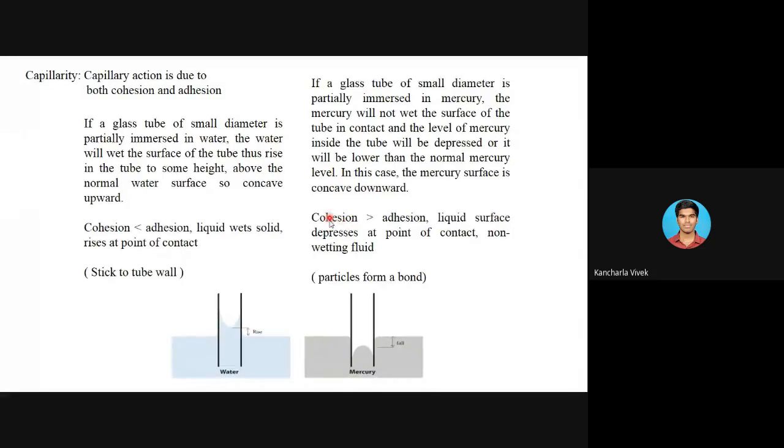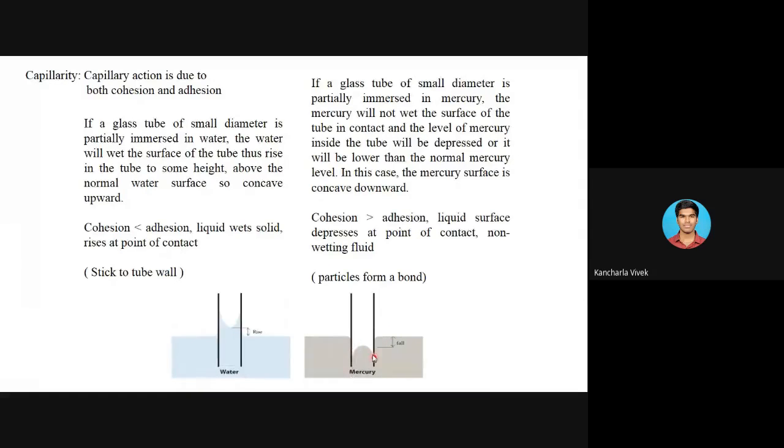So cohesion is dominating. That is, the force of attraction between the molecules of the same substance is dominating over the sticky substance, adhesion. So the mercury-containing surface depresses, or there is a fall in the initial height.